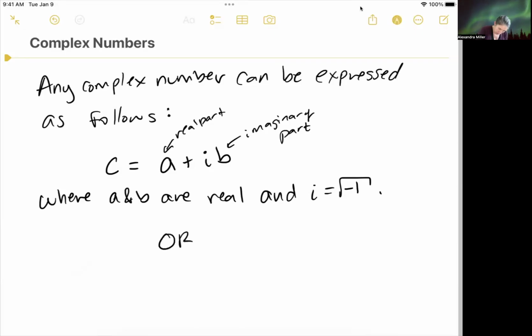Or we can express it in what's known as polar form, where again, r and theta are real numbers and i is the imaginary number.